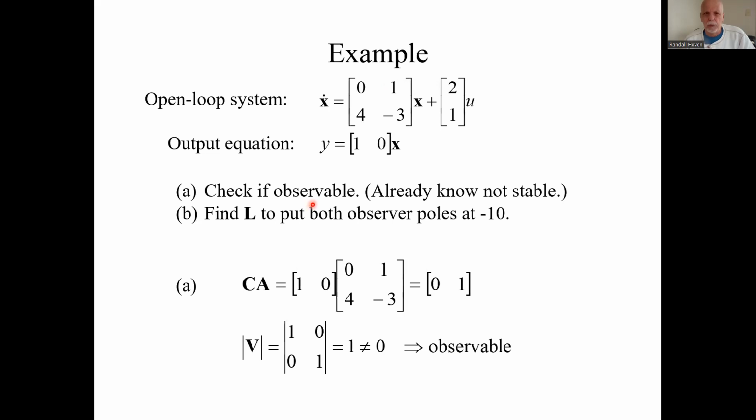Let's check if it's observable first, and if it is, find that L. To check observability, we need to construct this observability matrix V. Its first row will be C, and its second row will be C times A. There's a formula for this we talked about in previous videos. C times A turns out to be 0, 1. There's our V. Its determinant is 1 minus 0, or 1. That's not 0, so yes, it's observable.